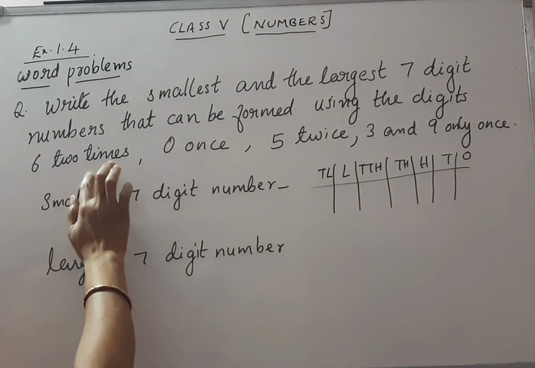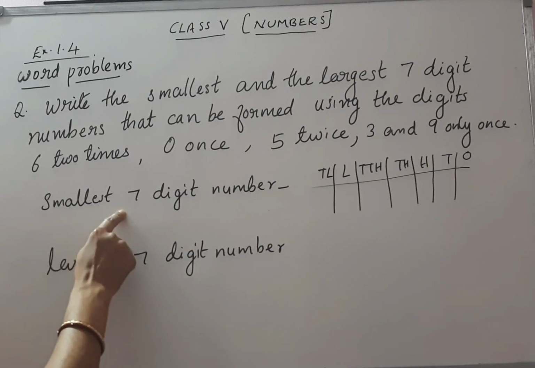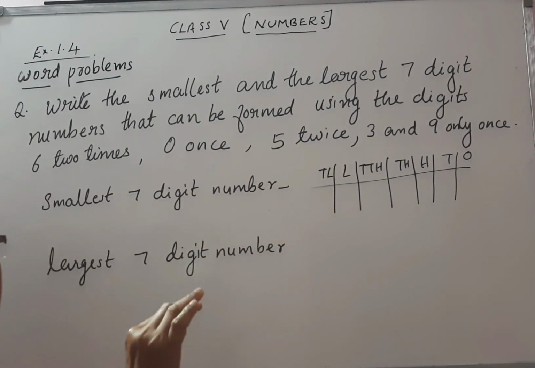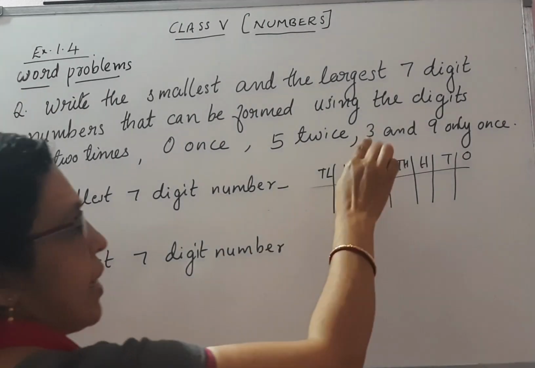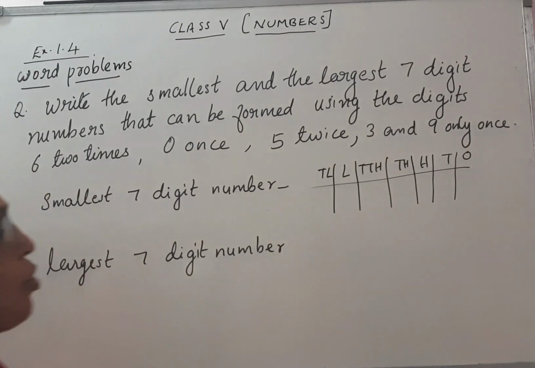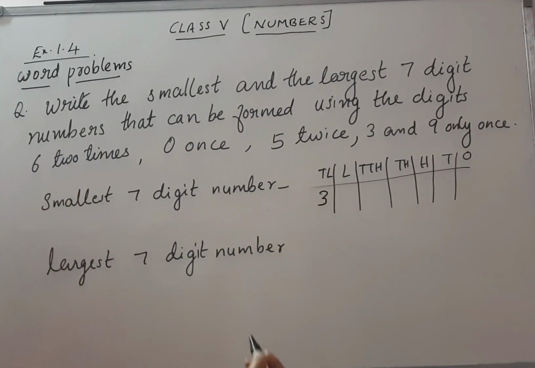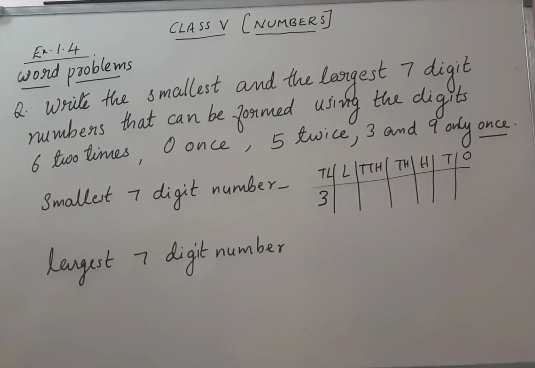The digits are 6, 0, 5, 3 and 9. So we put 3 at the start, in the 10 lakhs place. How many times can we write 3? Only once, so I have written 3 only one time.